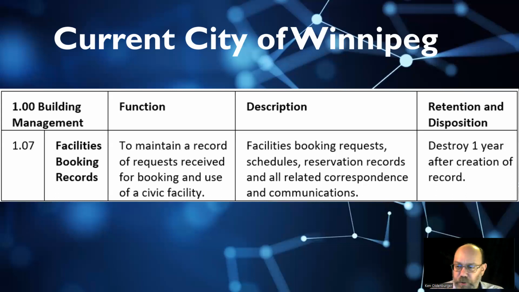There isn't any explanation as to how this very short retention period has been decided upon. So I can't comment on the decision making. What I can comment on is that Manitoba's The Limitations Act, which came into force September 30th, 2022, has a basic 2-year limitation period. So I'm just saying it, that says 2 years.